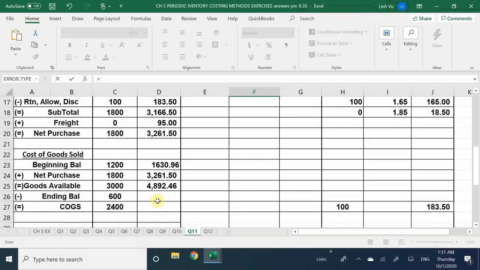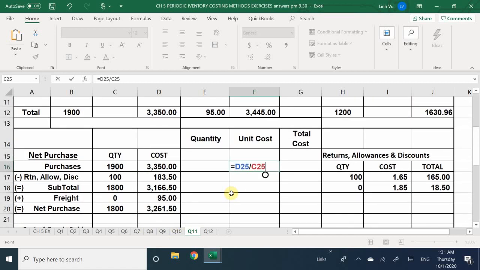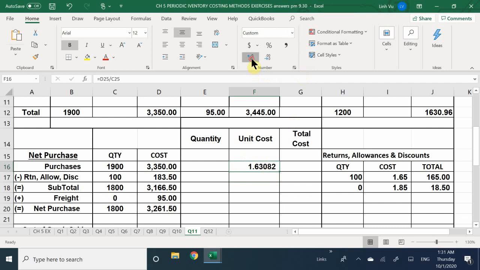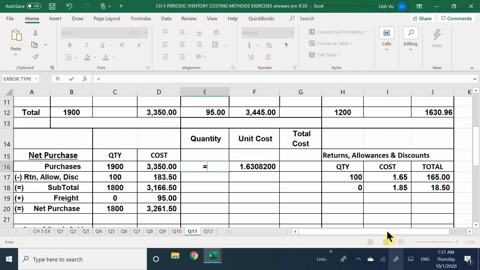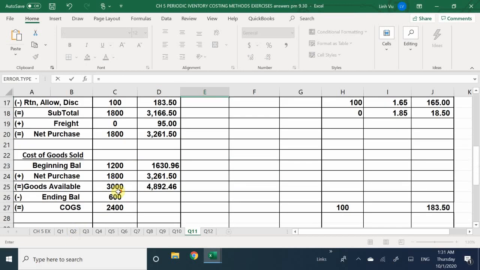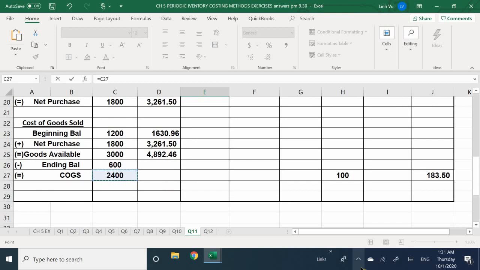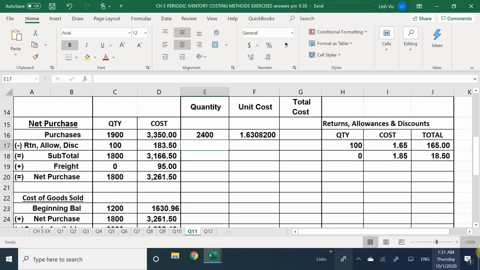I know I have a total of $4,892.46, and I'm going to divide that by the total amount that I have, which is 3,000, giving me a grand total of 1.63022, blah, blah, blah. I'm going to go ahead and pull this information that I need to sell a total of 2,400 items.